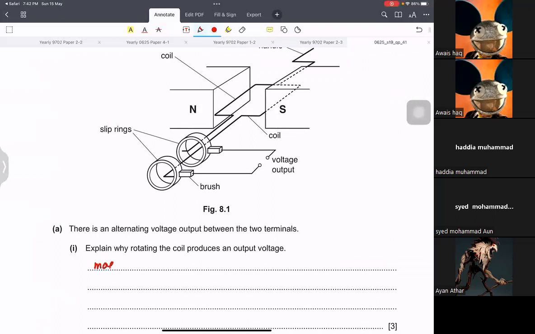So the magnetic field of the permanent magnet cuts the moving coil, which causes a change in magnetic flux.